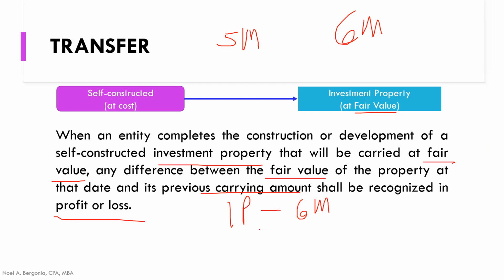Then of course kung yung construction na yon, you have paid cash 5 million. And then you will be crediting gain. Kaya naman pwede rin siyang construction account, pwede rin po yon. Pero yung gain natin would be 1 million pesos.